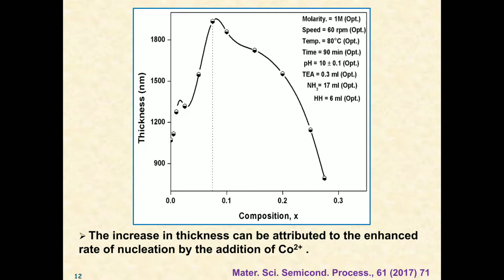For x equal to 0, the layer thickness corresponds to the thickness of pure ZnSe and is 1070.8 nanometer. The terminal layer thickness is found to be increased with increase in x up to 0.075 and then decreased for further higher values of x.